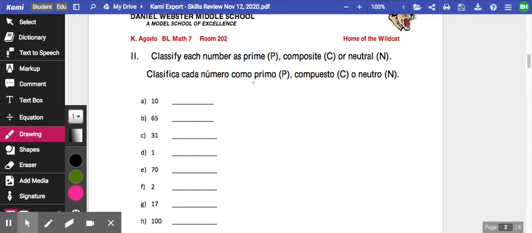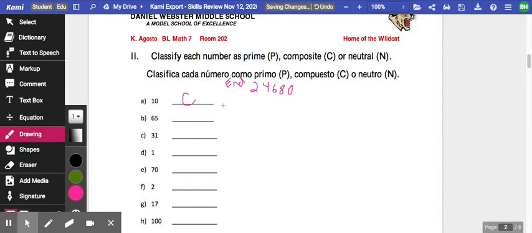If it ends in 2, 4, 6, 8, or 0, and it's not the number 2 or 0, it is composite. So 10 ends in a 0, so it's composite.